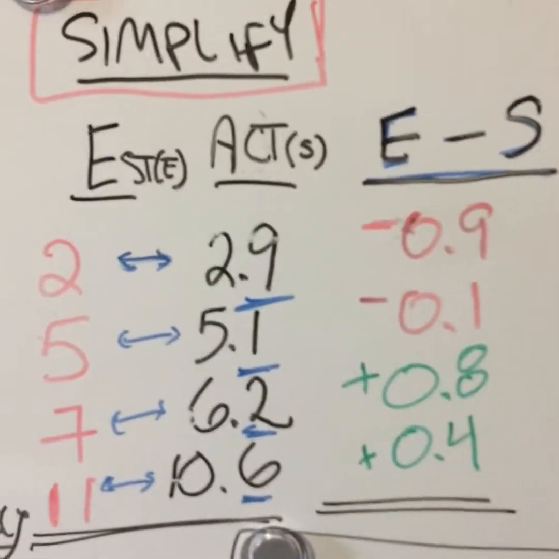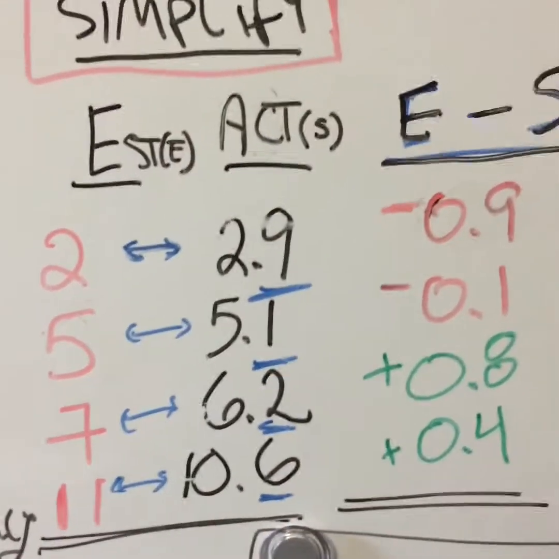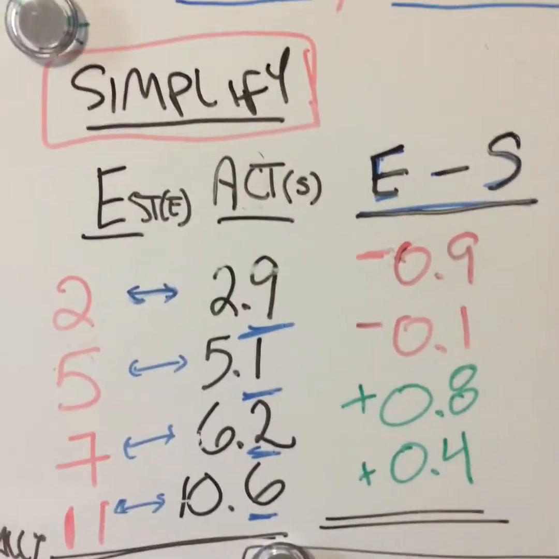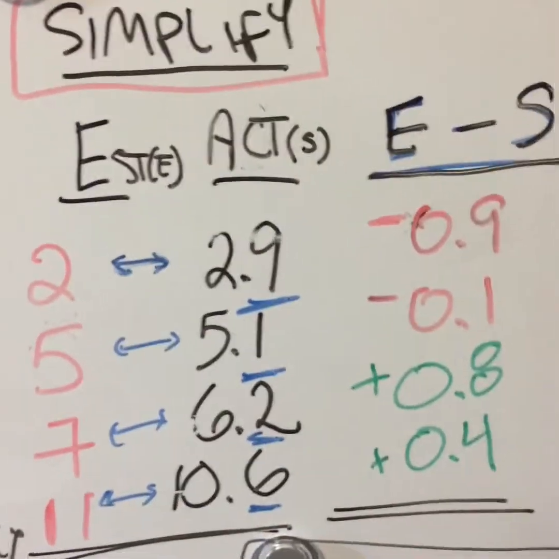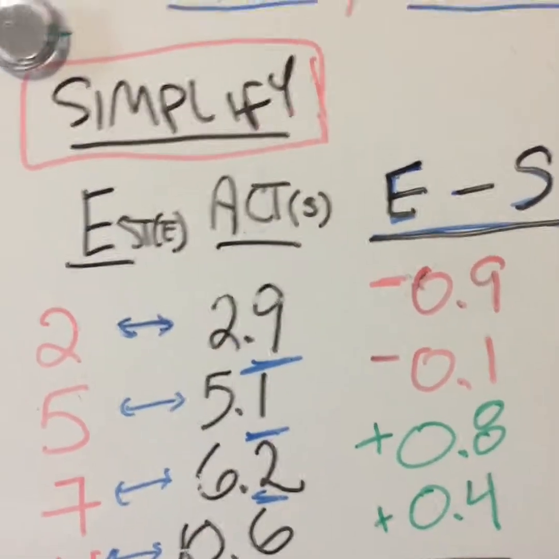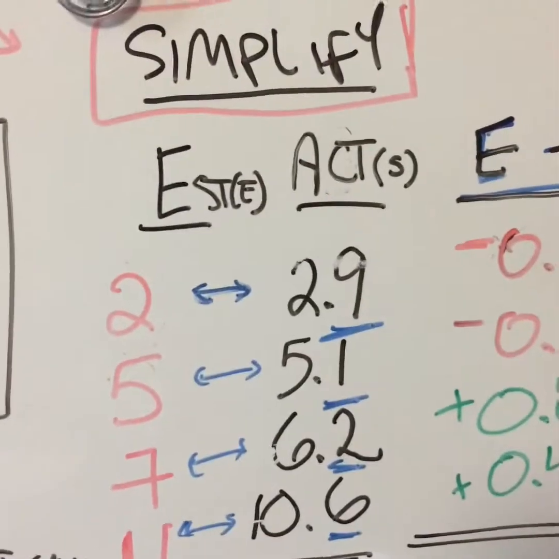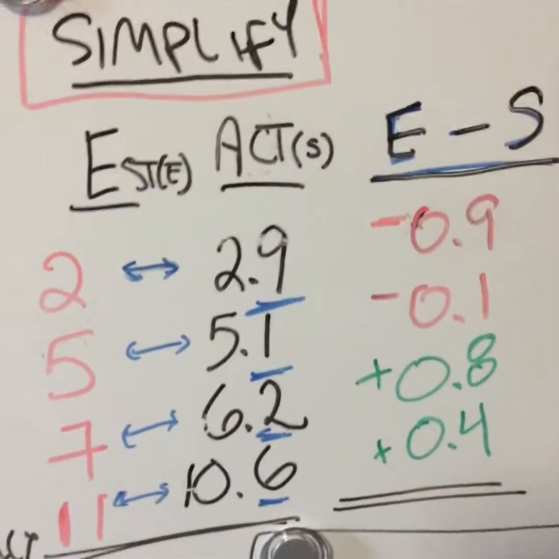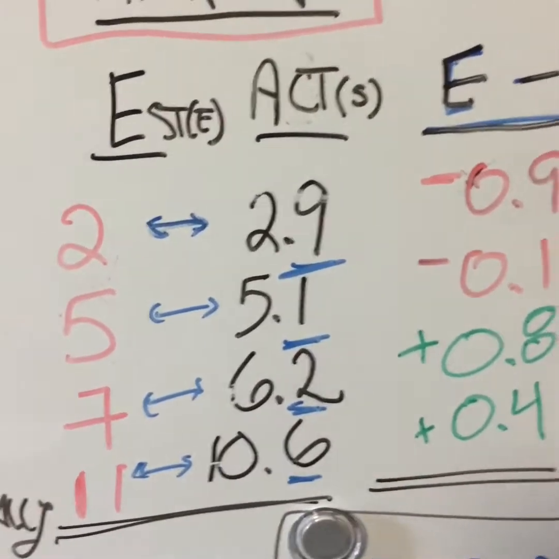So in this case, I kind of randomly wrote down 2.9, 5.1, 6.2, and 10.6. Recognizing the first 2 numbers have an odd tens digit and the second 2 have an even tens digit. So what does that estimate to? Based on our rules, the first one estimates down to 2, the second one down to 5, the third one up to 7, and the fourth one up to 11.